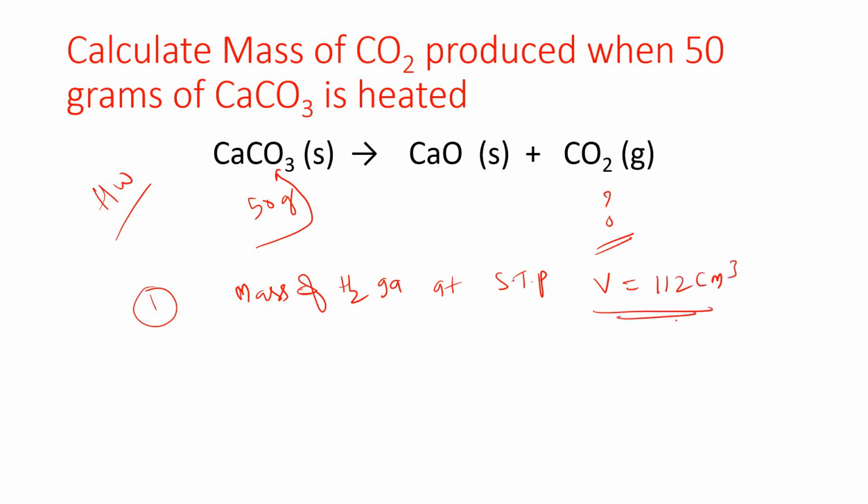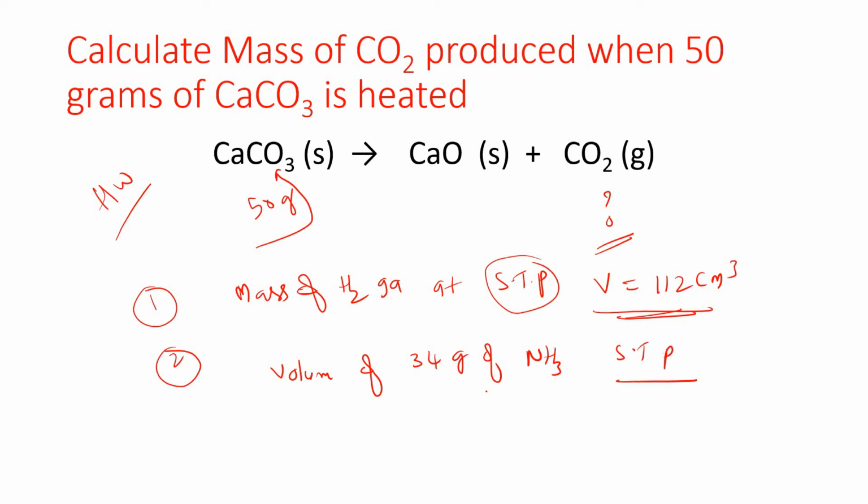This is the volume of hydrogen gas given, and at STP you have to calculate its mass. Next, calculate the volume of 34 grams of ammonia, also at STP conditions.